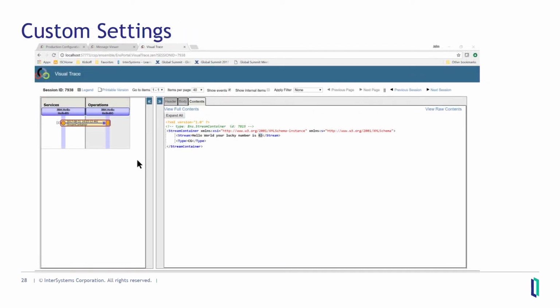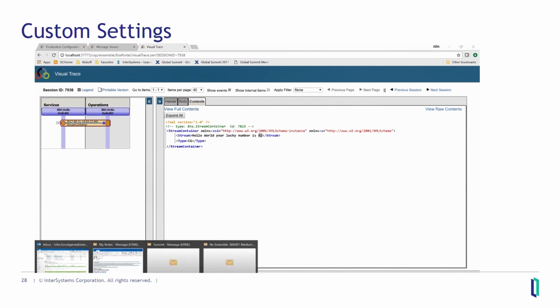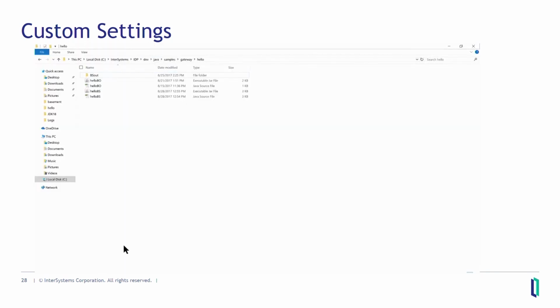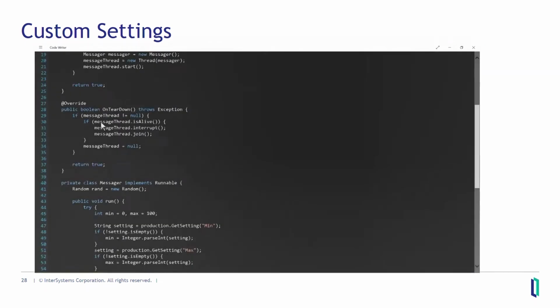So let's see. Let's look at, there was a log file in here. Take a quick look at this. The min-max setting in the code, I think we looked at that, but let's just take a peek.